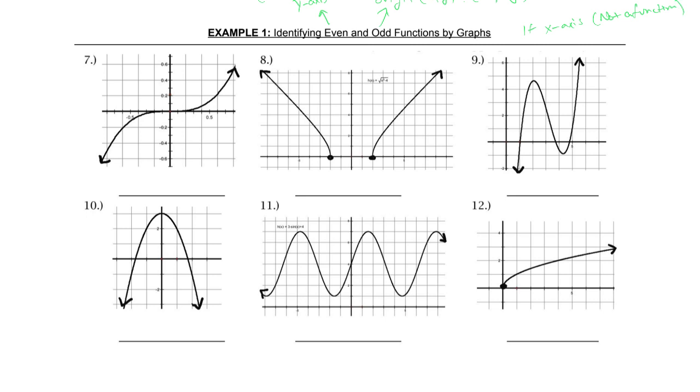Okay, so let's go through these. If we look at 7, you can tell we have the same point here as here. If this is (x, y), then this would be (-x, -y). So we have origin symmetry, which tells us it's an odd function.